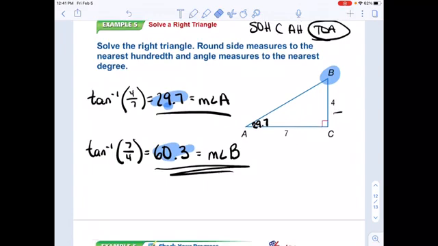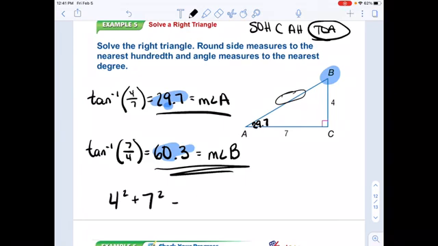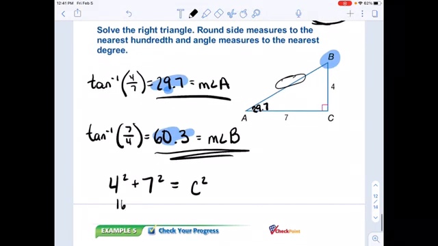And then, because you do have two side measures given to you, you could just go ahead and use Pythagorean theorem to solve for this missing side length. And that's not a bad idea. I actually think I'm going to go ahead and do that as well, just because why not use something we know? So 4 squared plus 7 squared is equal to c squared. 16 plus 49 is equal to c squared. So what is that? 65 is equal to c squared.